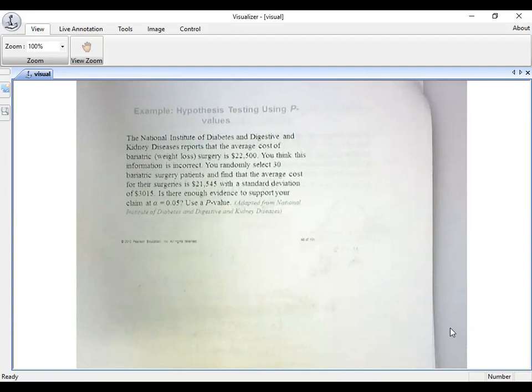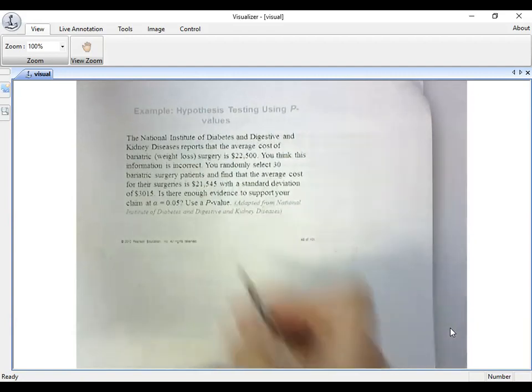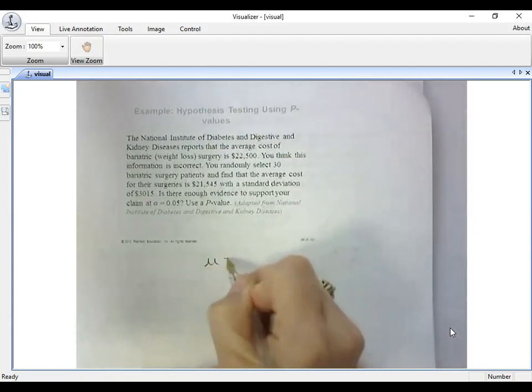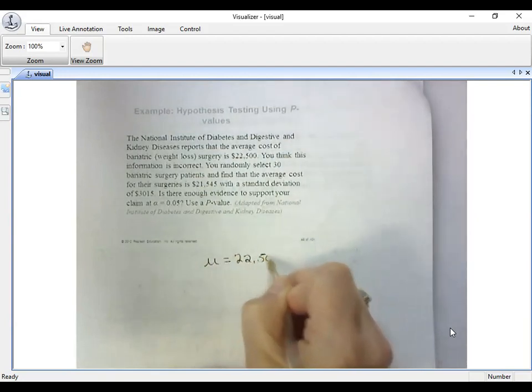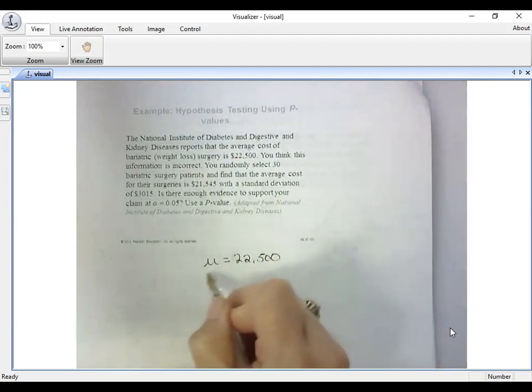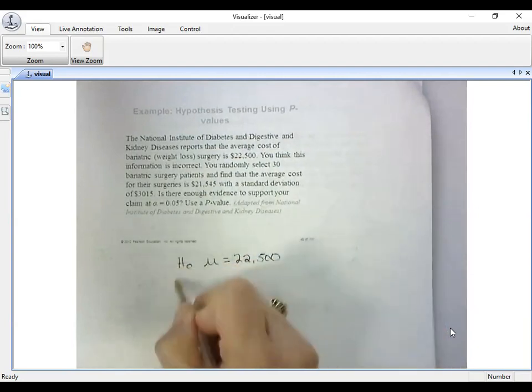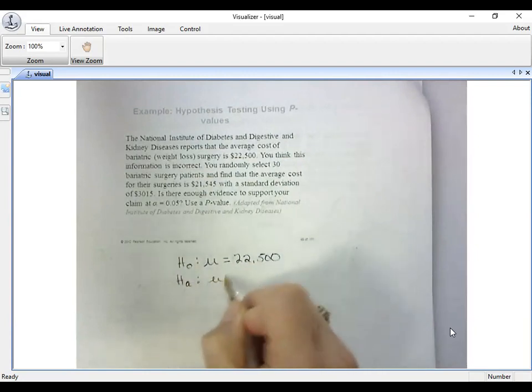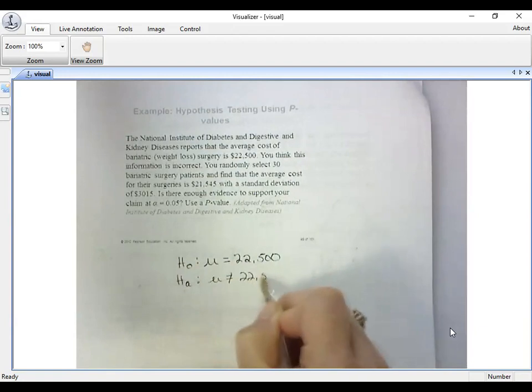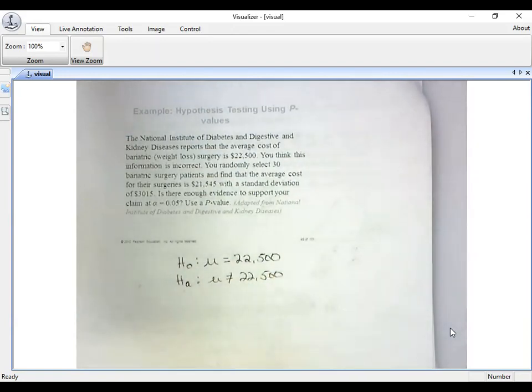Okay, so this is going to end up with a not equal to. So if the mean is how much? 22,500. Then the null hypothesis is going to be what? That it's not equal to 22,500. This is going to make it a two-tailed test. Very good.